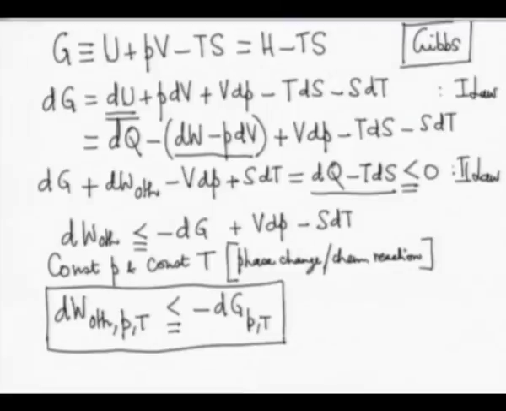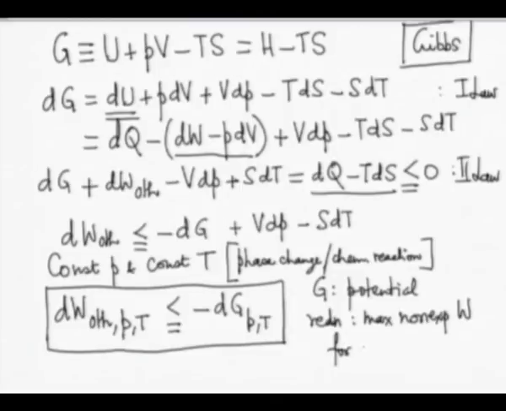So what does this tell us? This tells us that G is like a potential, reduction in which represents maximum non-expansion work for a constant P, constant T process.